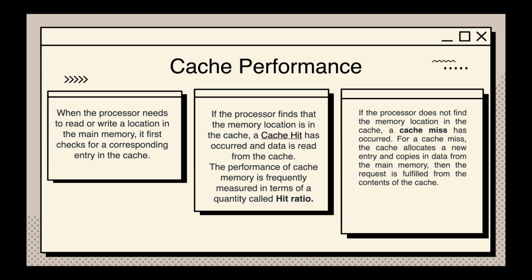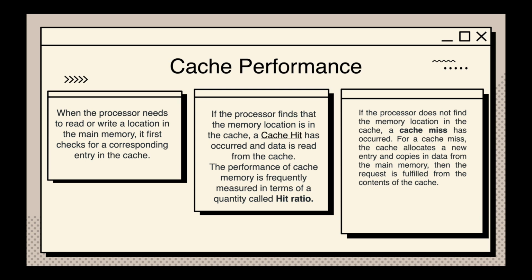The cache replacement policy is another important factor. When the cache is full, the replacement policy determines which data is replaced with new data. Replacement policies such as LRU, least recently used, can result in better cache performance by keeping frequently accessed data in the cache.